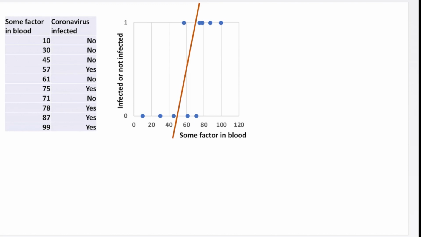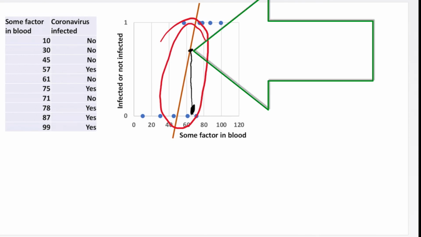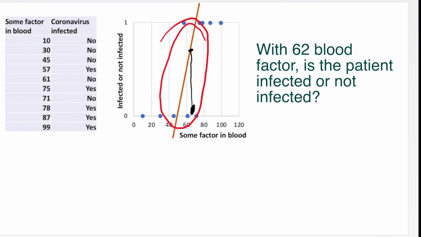That means the patient is infected with coronavirus. But notice that there is a confusion zone in this area. If we have a blood sample with, let's say, 62 factor in the blood, so 62 will be somewhere very close to here, 62 crisscrosses here. So what should we consider? Again, this is just a drawing.